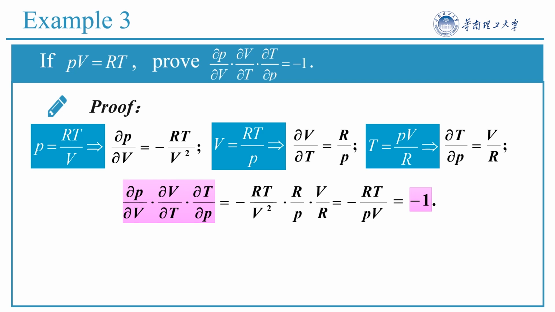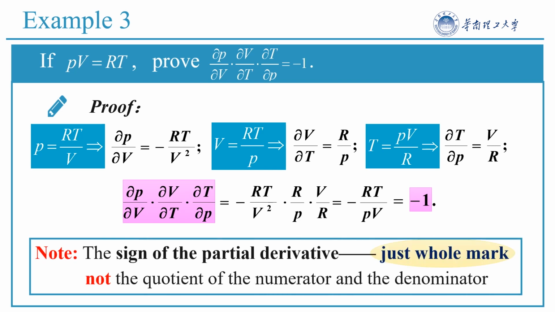Note that PV equals RT, so the product is -1. Note, the result shows that the sign of the partial derivative is just a whole notation, not the quotient of the numerator and the denominator.